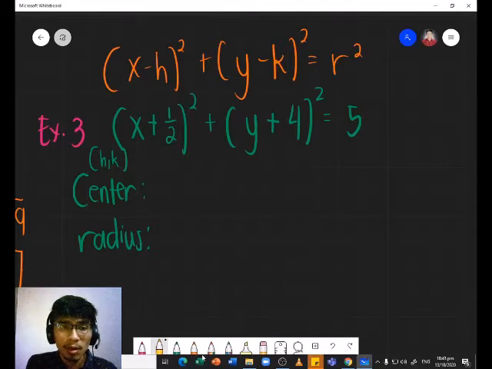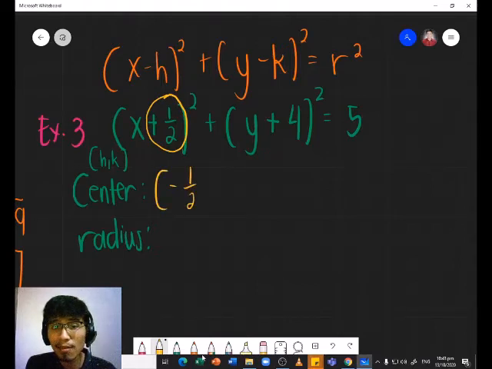Of course you begin with h. What is my h here? My h here is positive 1/2. So again, how do you find the center? You get the opposite of the sign. What is the opposite of positive 1/2? That is negative 1/2. And for k, what is your k here? Your k here is positive 4. What is the opposite of positive 4? That is negative 4.